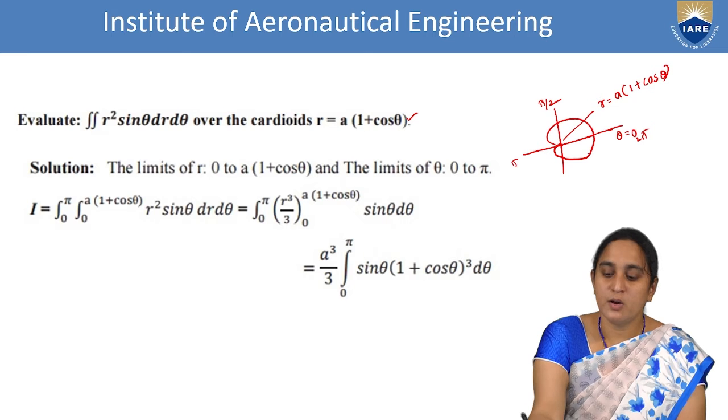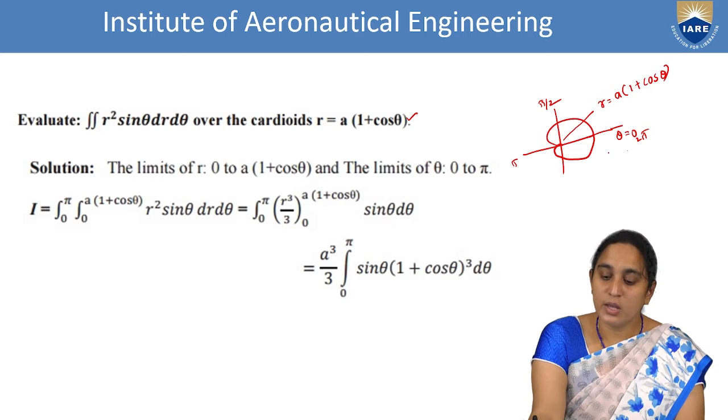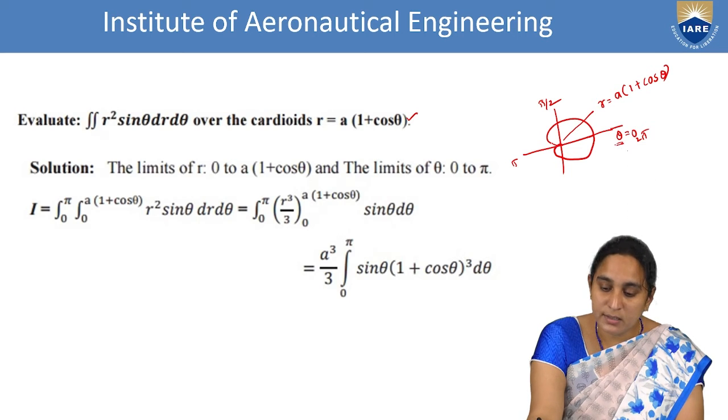Once you observe the diagram, theta varies from 0 to pi by 2 in the first quadrant, then pi, then 3 pi by 2, and then 2 pi. The diagram starts at the initial angle theta equal to 0 and ends at pi.